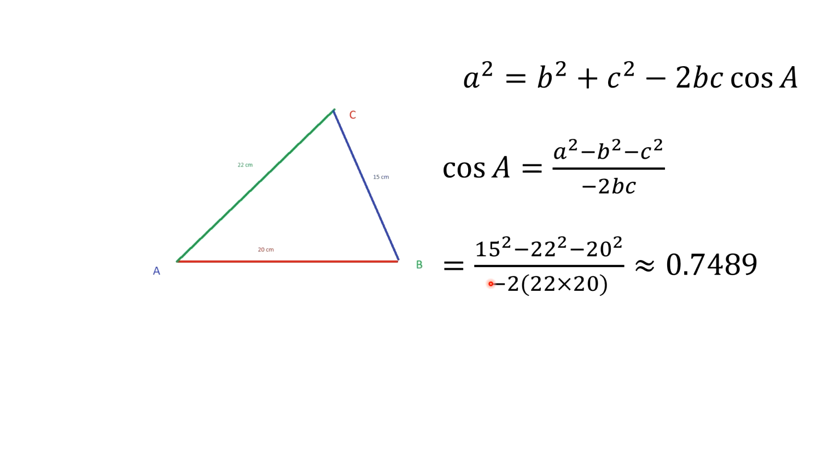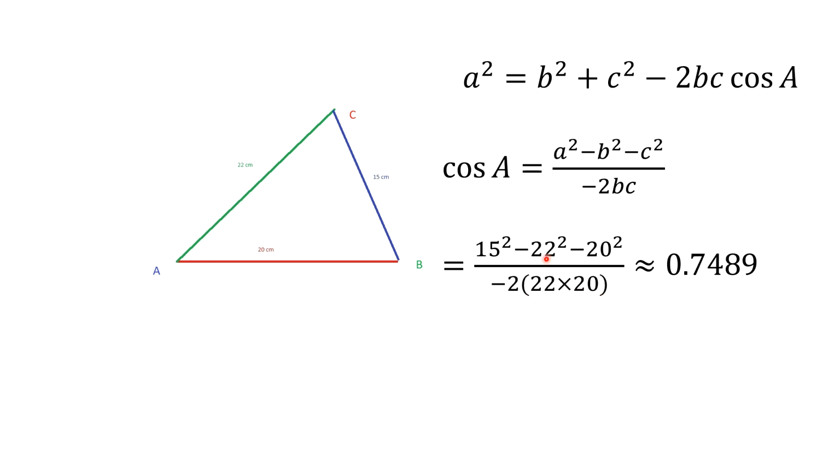So, plugging the numbers I have in here. A, the side opposite, is 15 squared, minus 22 squared minus 20 squared, divided by a negative, and I still have to use these two, the product of 22 times 20.